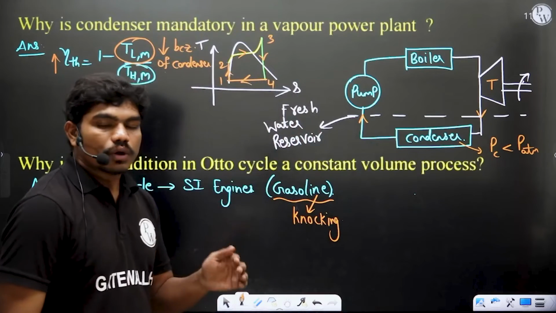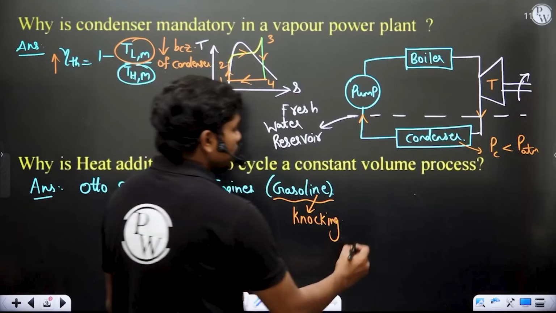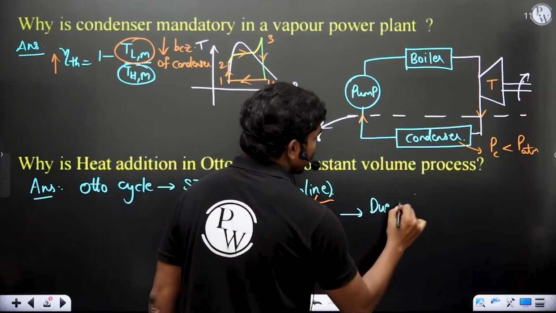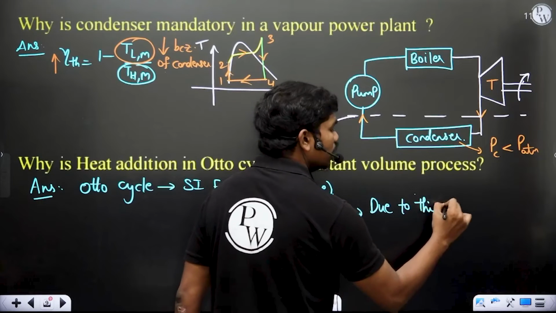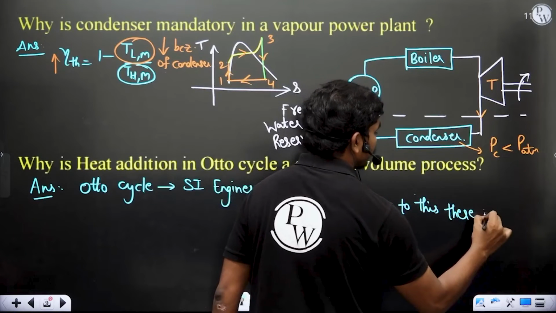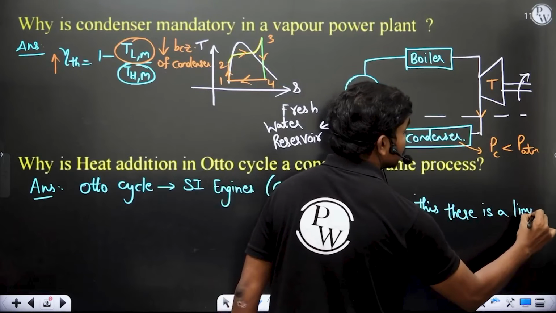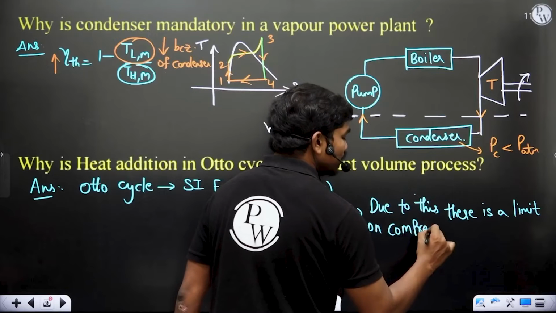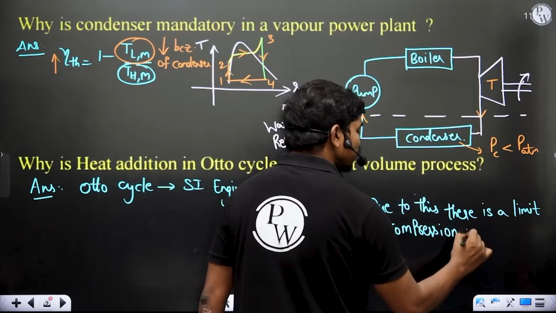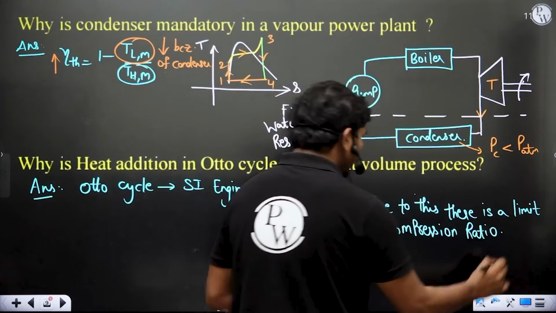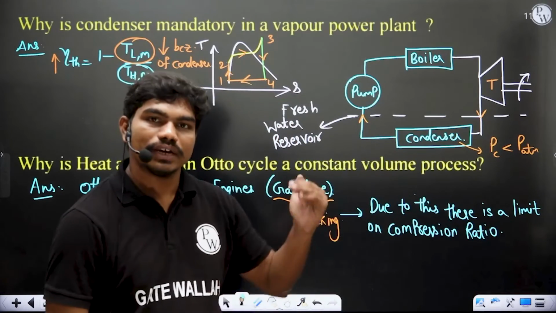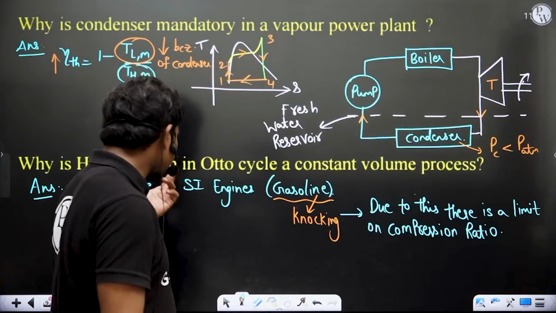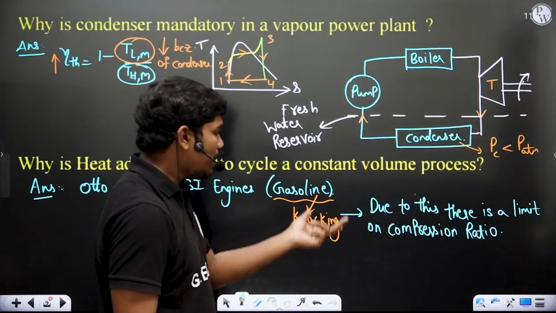So to avoid this knocking, there is a limit on the compression ratio, because if your compression ratio is limited, then definitely the pressure to which you compress is also limited. Nowadays, to avoid this knocking problem, we have fuel injection systems, but when the Otto cycle and diesel cycle were developed, the main intention was this.